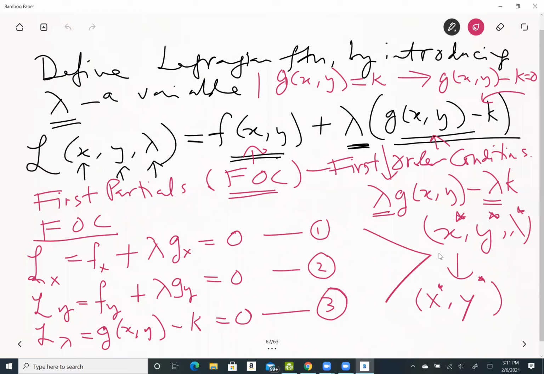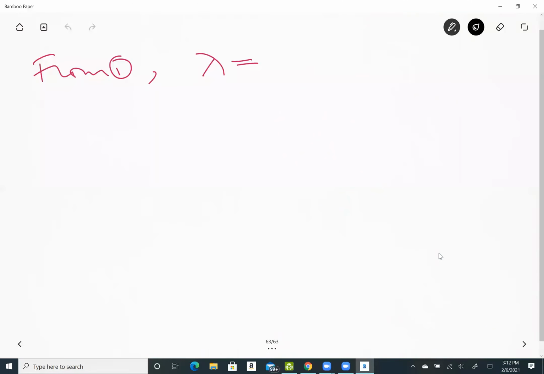What do you get? What is lambda equal to? Negative fx per gx. So the lambda is equal to negative fx divided by gx.